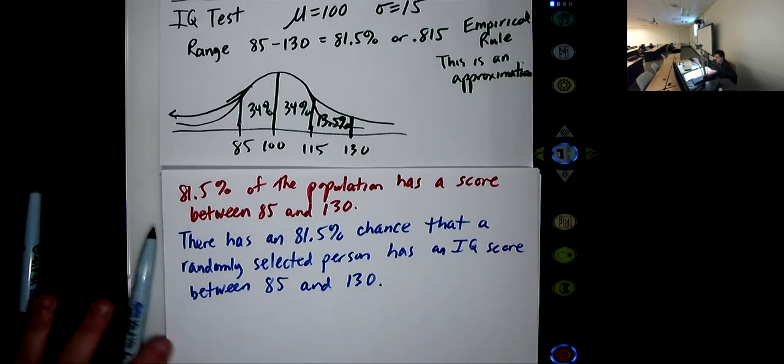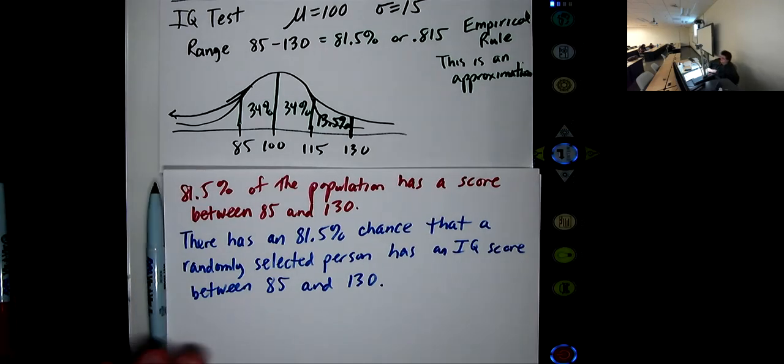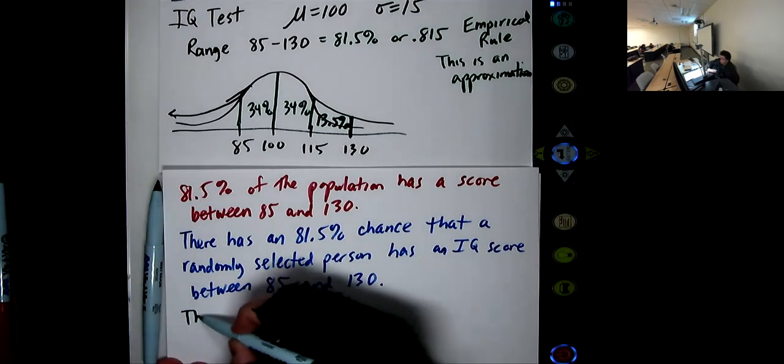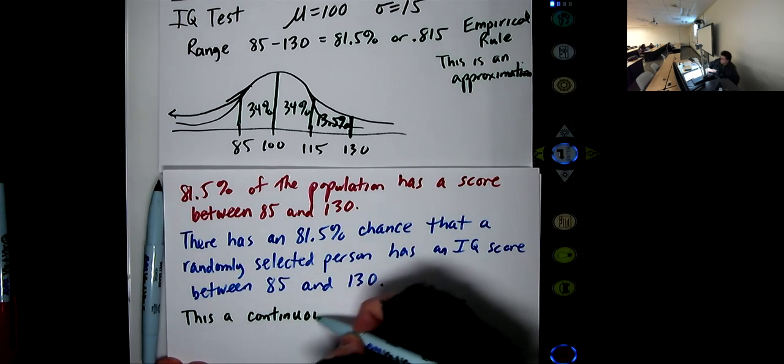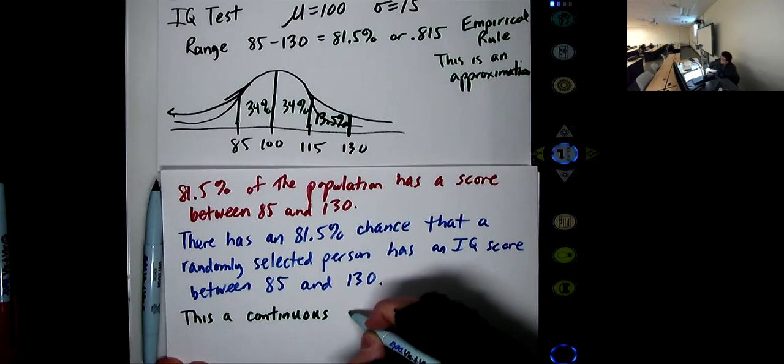It's important to note, and you're going to see this in a second, this is a continuous distribution. In chapter 6, we were doing discrete probability. This is a continuous distribution.